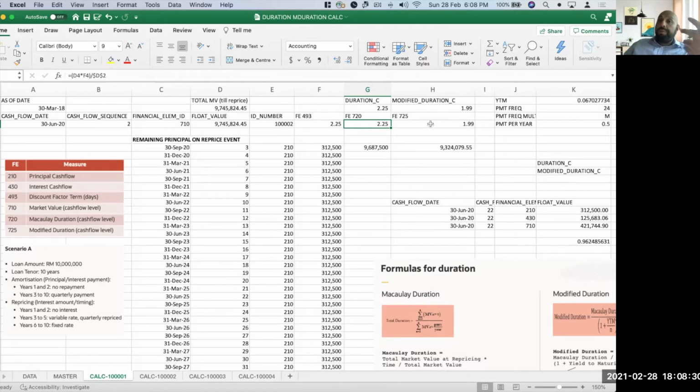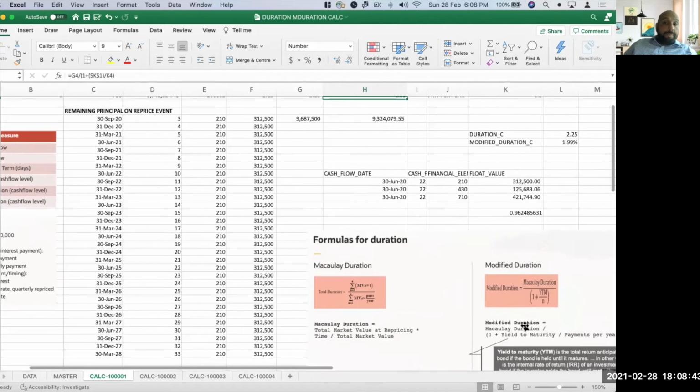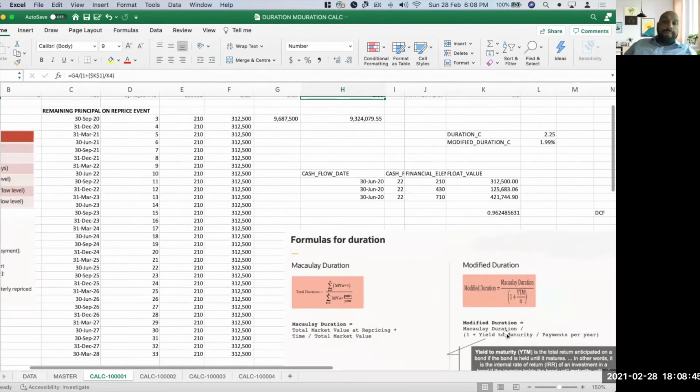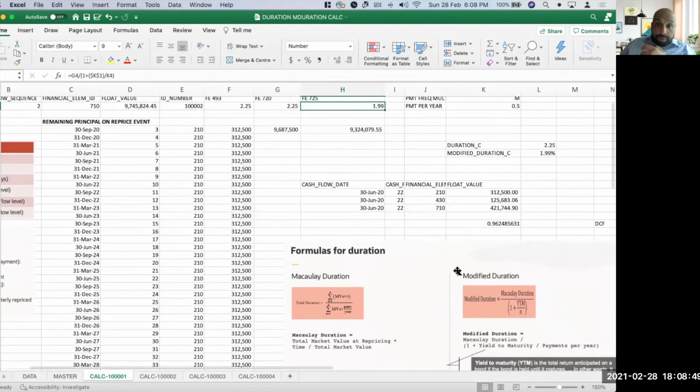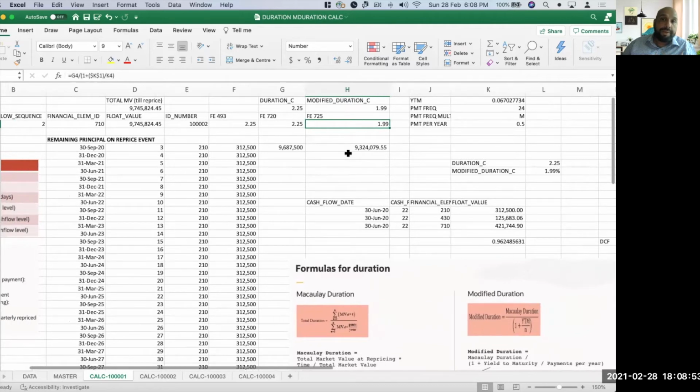Now, if you wanted to see the sensitivity of the change in the value of the bond, or the price of the bond, with the change in interest rates, which is the modified duration, we have to go through this calculation of taking the Macaulay duration and dividing it by the yield to maturity and the payments per year. I told you that the yield to maturity is something that's computed for us by the application as well, and that's listed here.